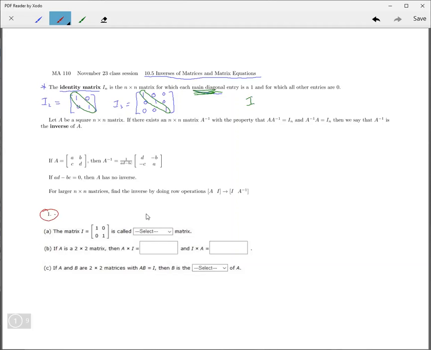Okay, let's do number 1. So the matrix I equals 1, 0, 0, 1 is called an identity matrix, which should be the answer.